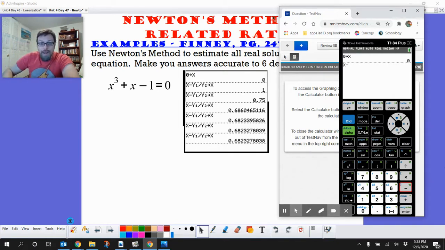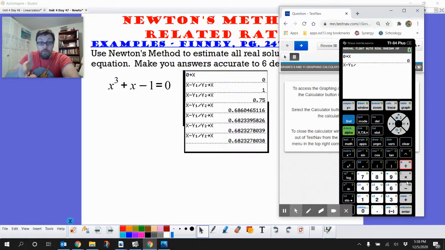To get a y1 on your calculator, you press vars, and then you go over to y vars, which gives you function. And we want y1. Then we want to divide that by the derivative of f of x at the number I'm just doing, so 0.